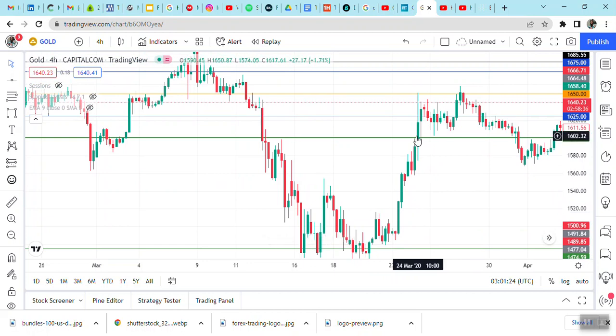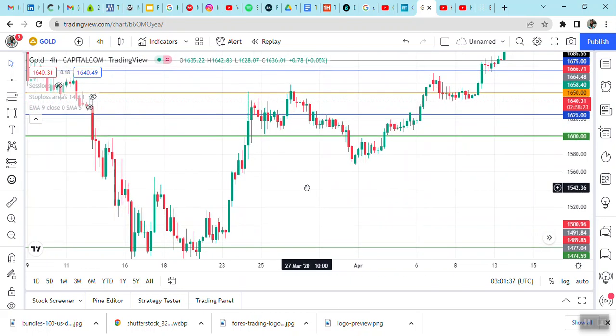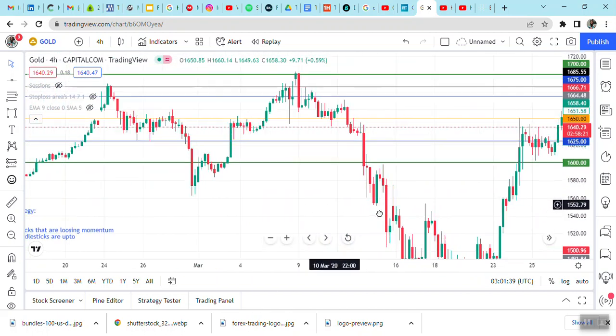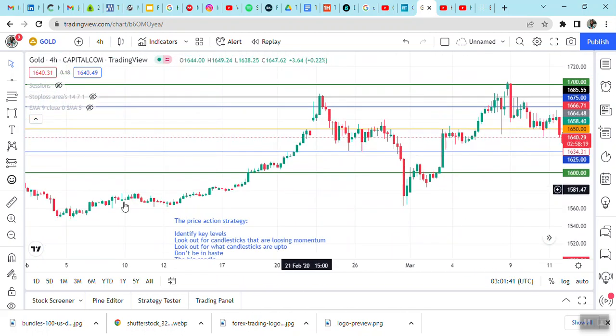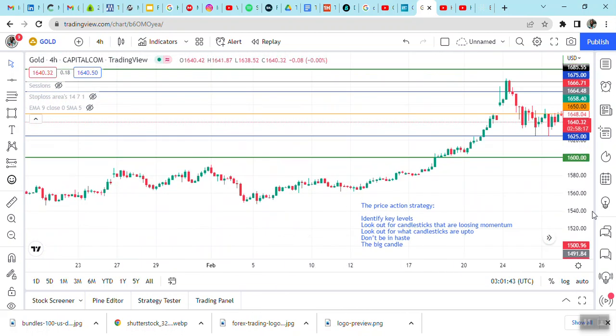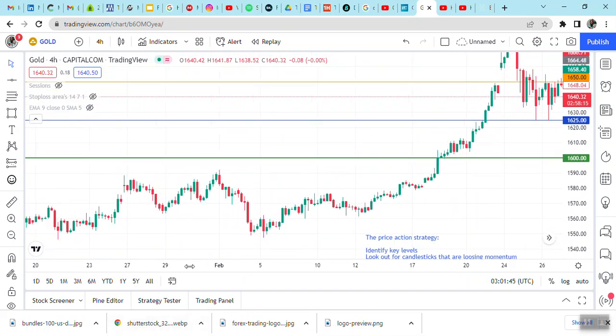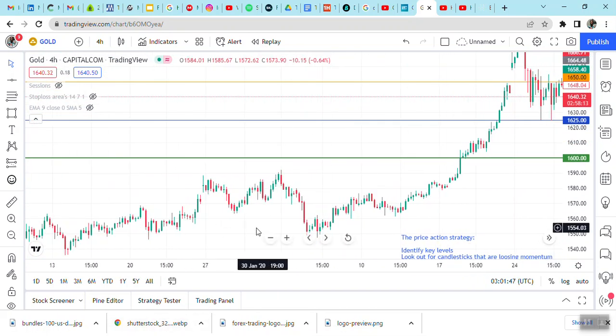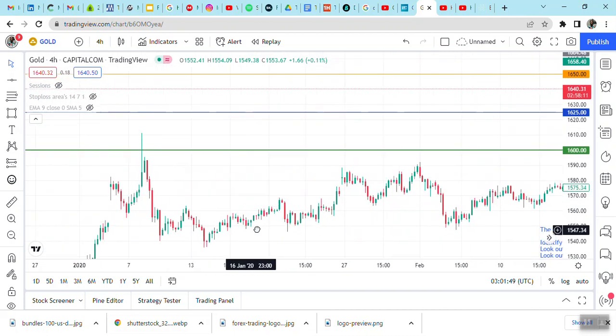So you need to look out for candlesticks that are losing momentum. This can be identified by noticing candlesticks with smaller shapes and sizes. So let's look at another one.